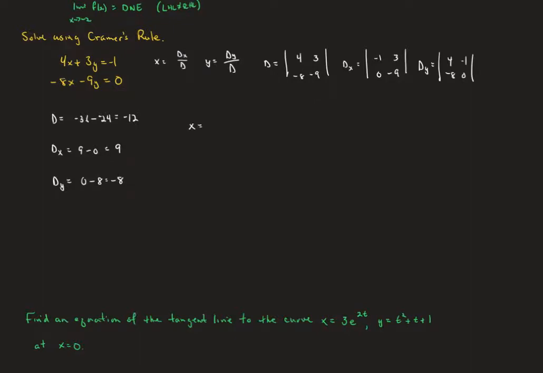So x is going to be Dx over D, which for us is going to be 9 over negative 12, which is negative 3/4. Y is going to be Dy over D, so that's negative 8 over negative 12, which is 2/3. So our point of intersection, or our solution, is going to be the point negative 3/4, 2/3.